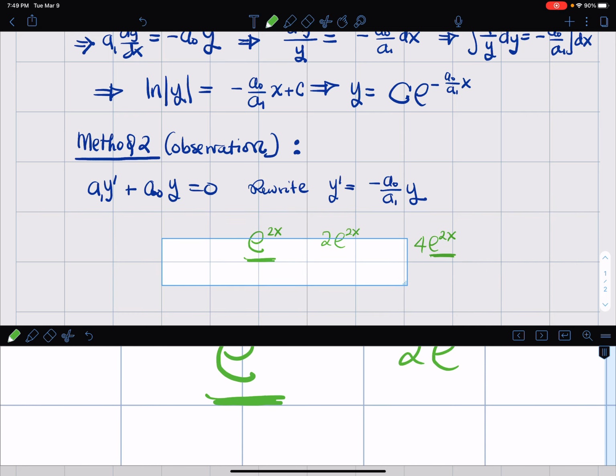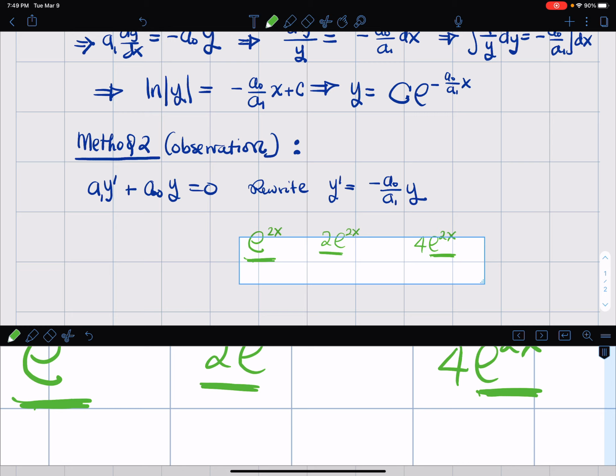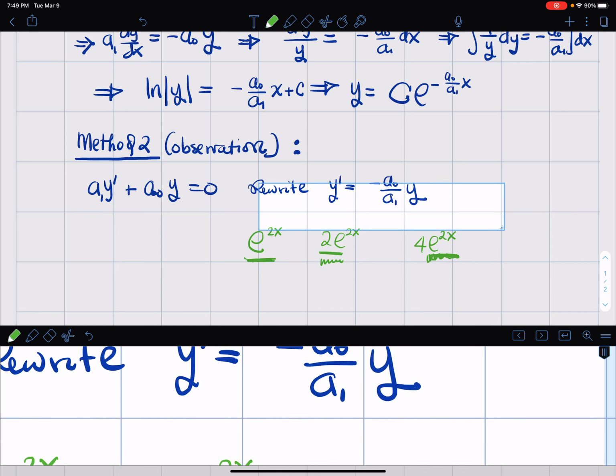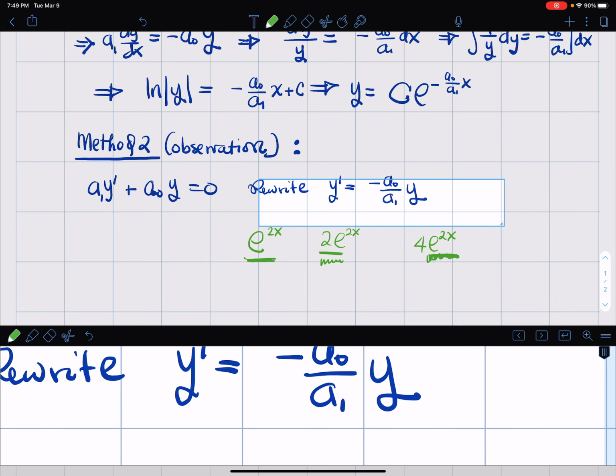So we have that the derivative of e to the kx, or e to the something x, is a constant times e to the something x.